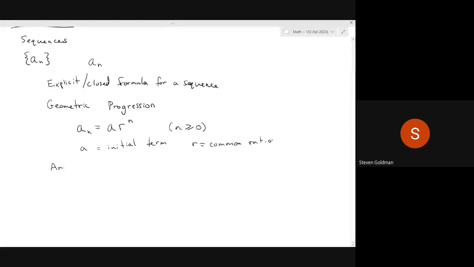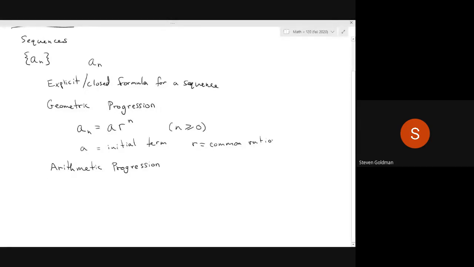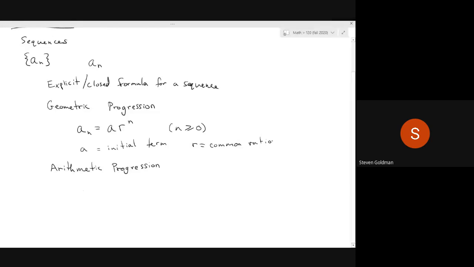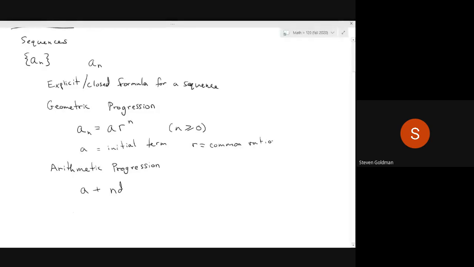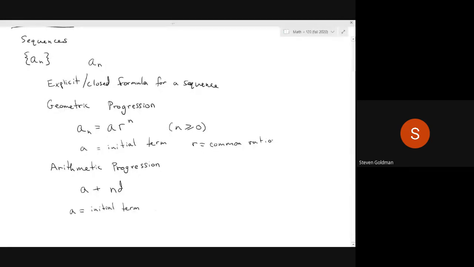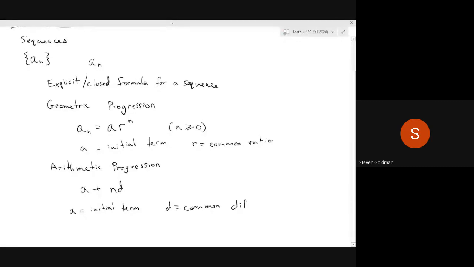We also discussed an arithmetic progression. An arithmetic progression was of the form A plus n times d. Again, A is called the initial term, d is called the common difference, and n usually starts at 0.